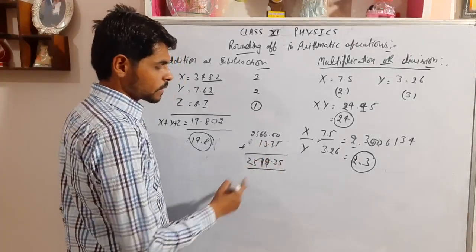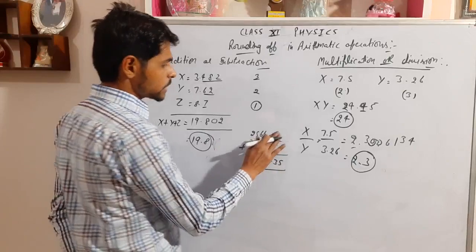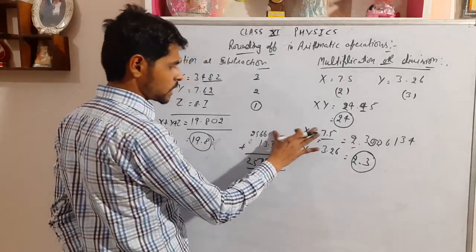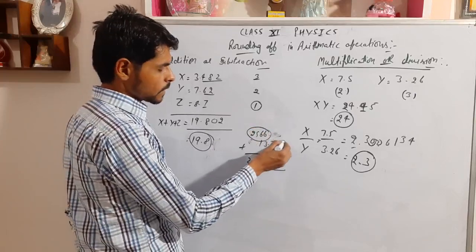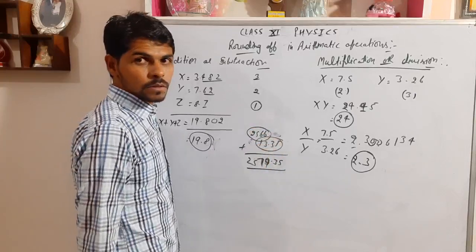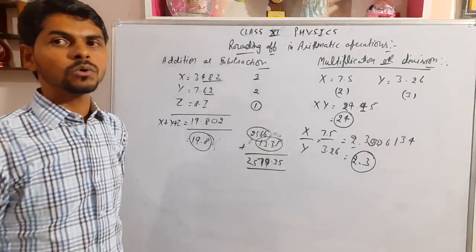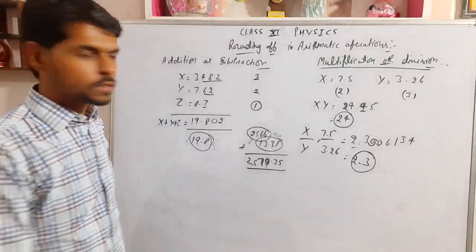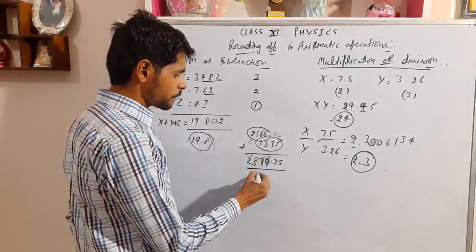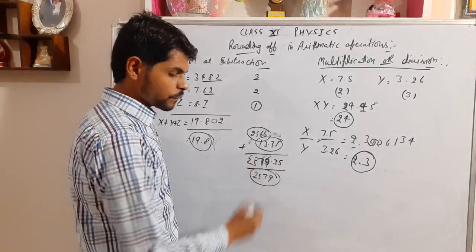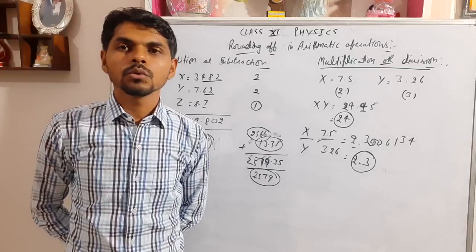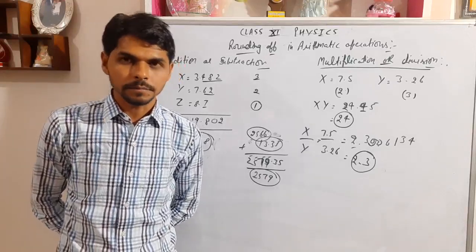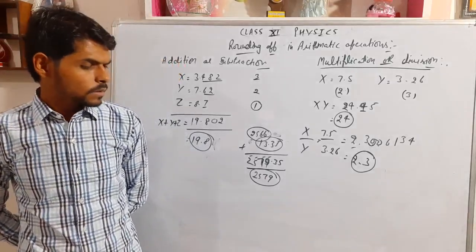But what should it be? We have to choose the significant figures according to the given numbers. This has 4 significant figures, and this also has 4. So the least is 4. The answer will also have 4 significant figures. 4 is 1, 2, 3 and 4. So the answer will be 2579. Okay, so these are some examples.